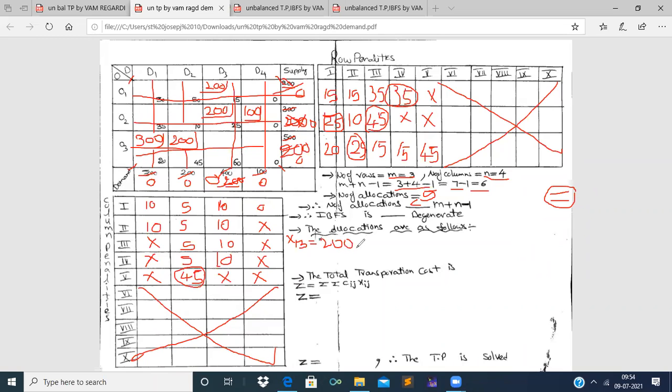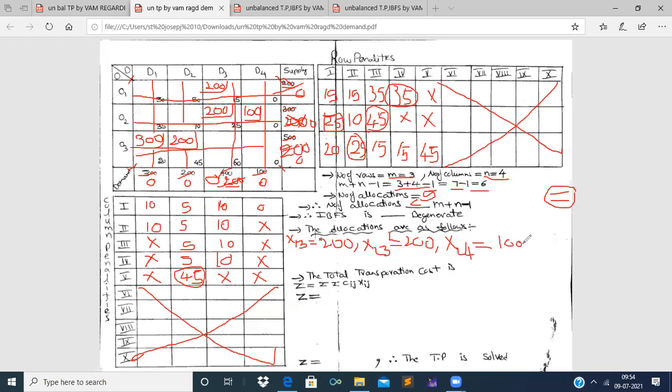The second allocation is in the second row, x23 is equal to 200, right? Next, x24 is equal to 100, right?